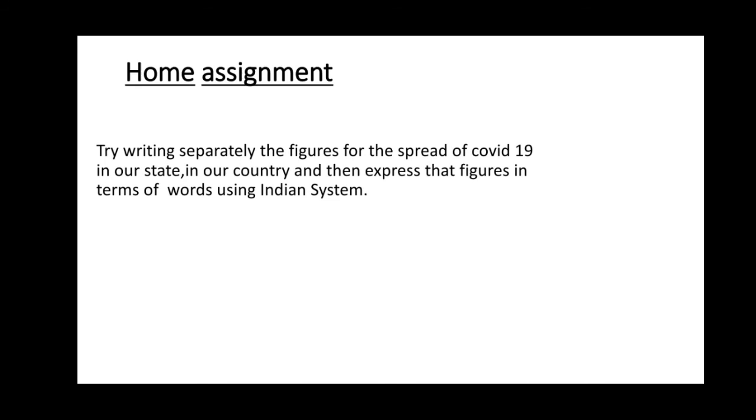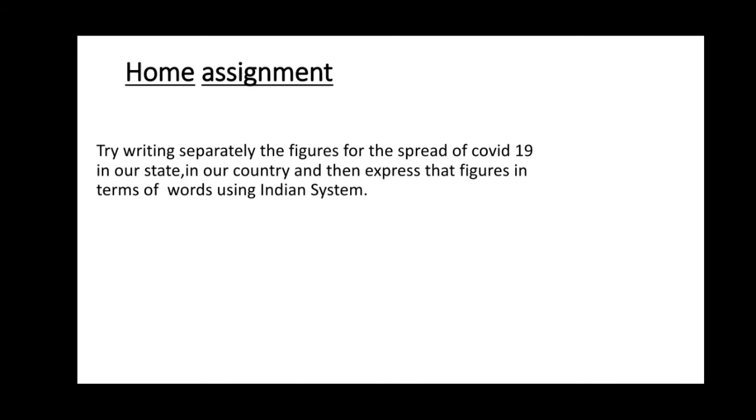Now when we write this first number in words, you can see that 7 is occupying the thousands place. So what will we write in words? 7 thousand. Whereas you can see on the screen how many hundreds are there? 0. So no need of writing anything for 0.